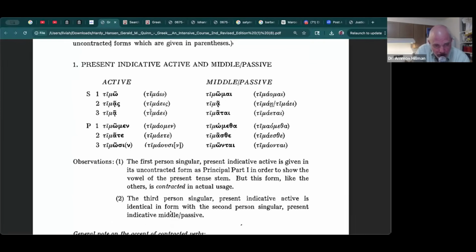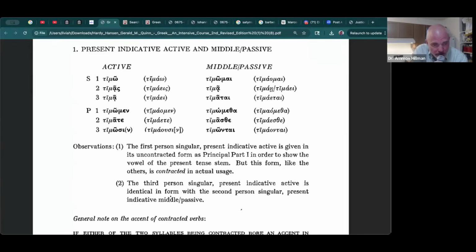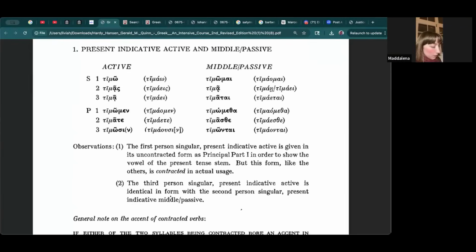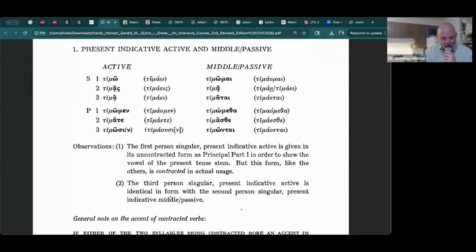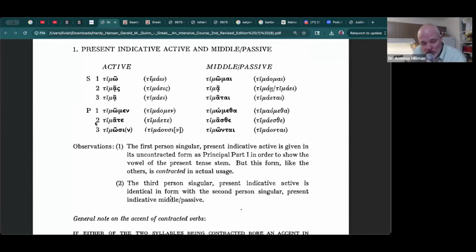Anyway, okay, look at the chart on page 232. You see the endings: timo, timais, timai, timomen, timate, timosi. You're going to look at that first person plural timomen, see that omega, and think, oh shit, this is a subjunctive. No, it's not.